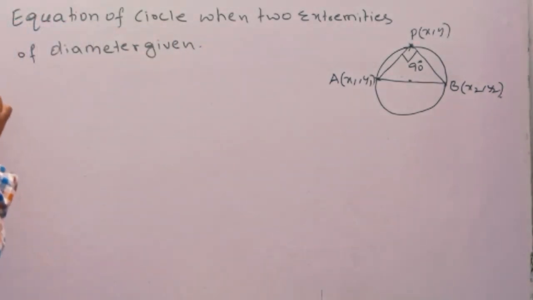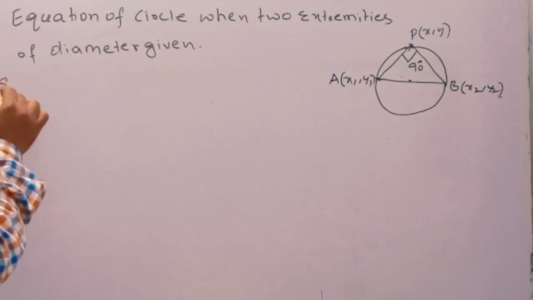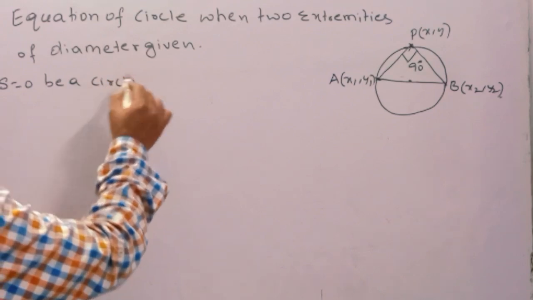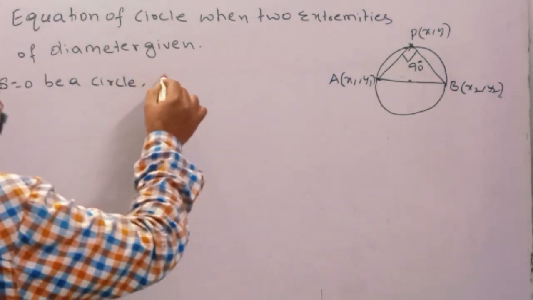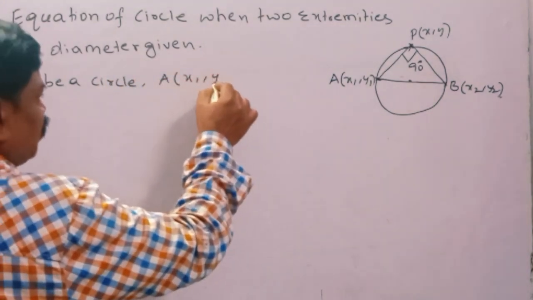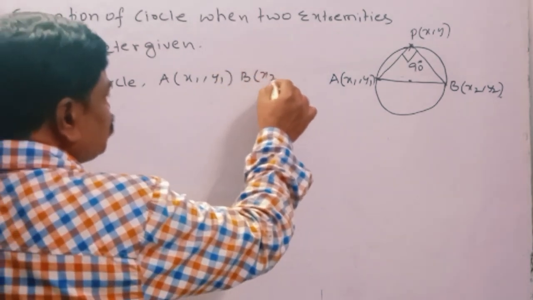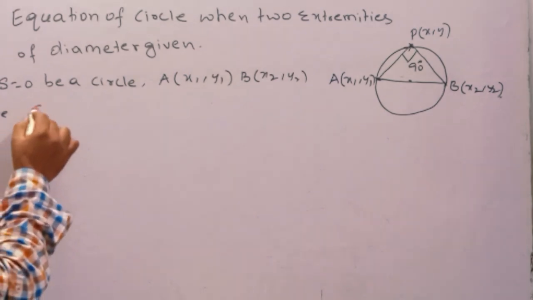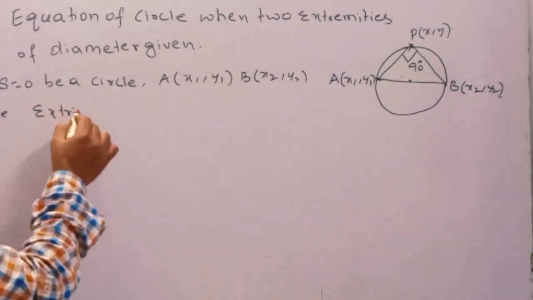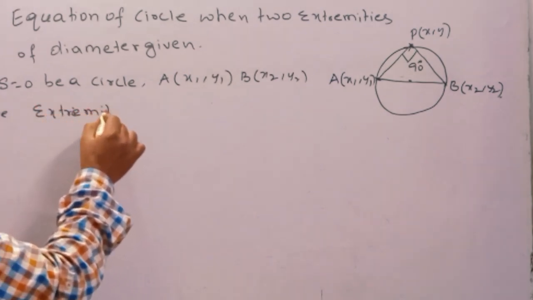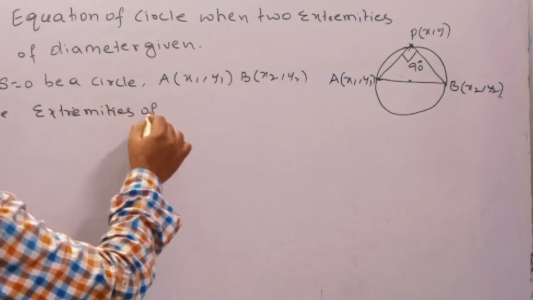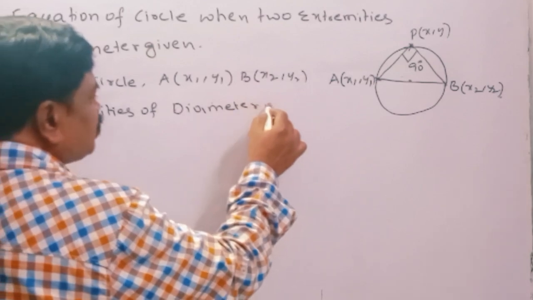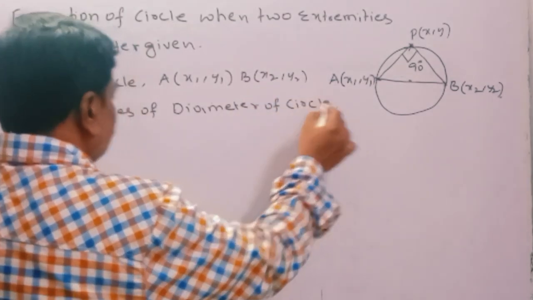So here you see, let S equal to 0 be a circle, and A x1 comma y1, B x2 comma y2 are the extremities of the diameter of the circle.